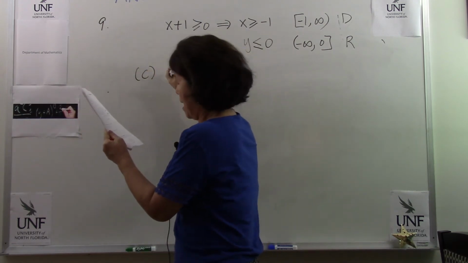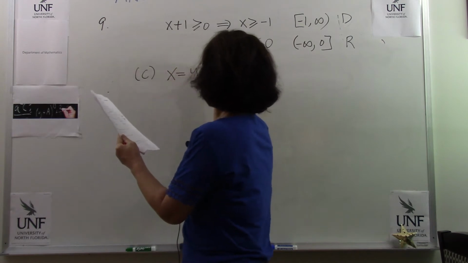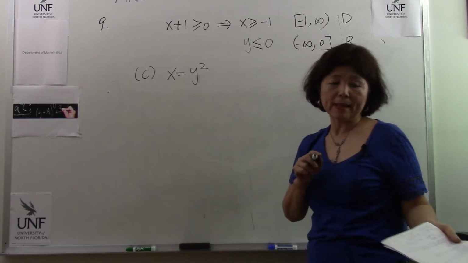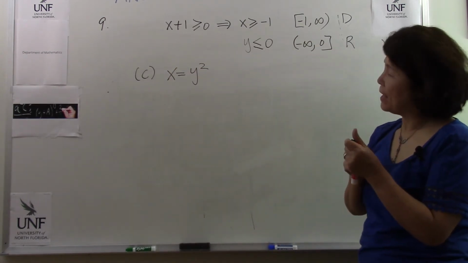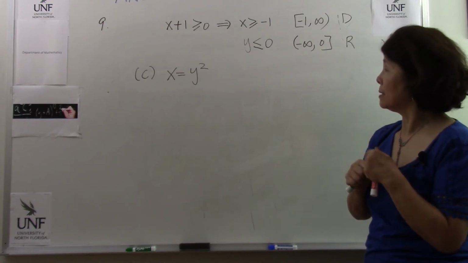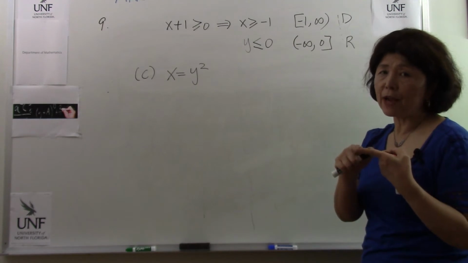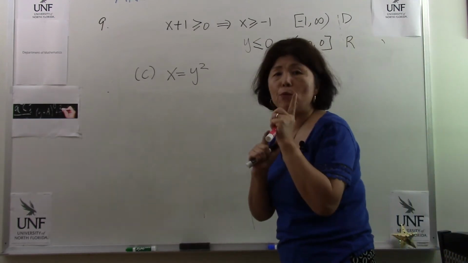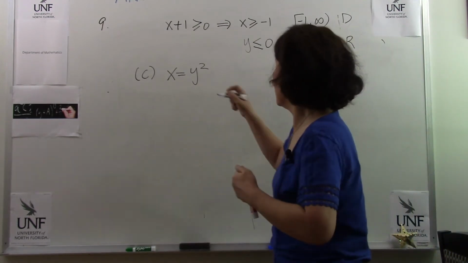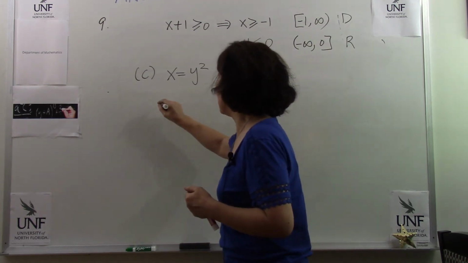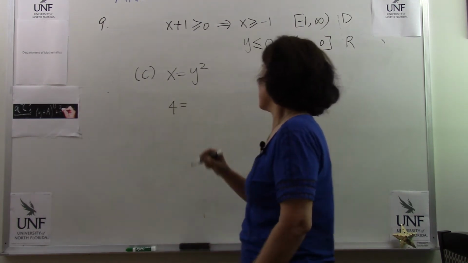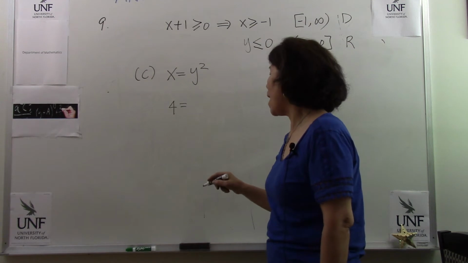C, x equals y squared. Again, how can you tell if this is a function or not? Only one criterion over here. For each x value, do you find only one y value? Okay, so I'm going to make it x equals 4. Well, what can you say about y?